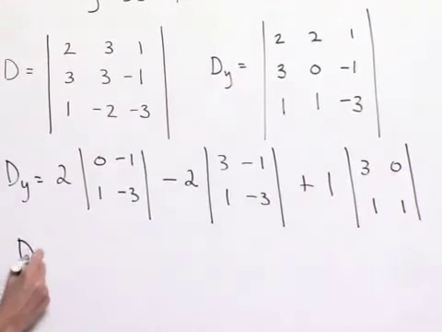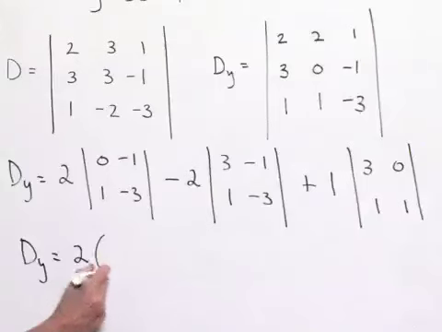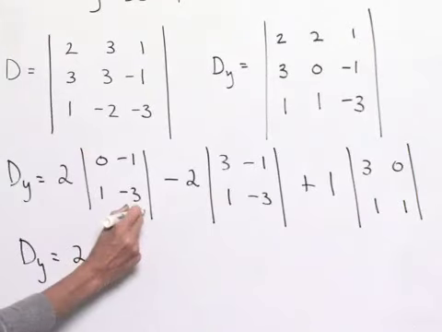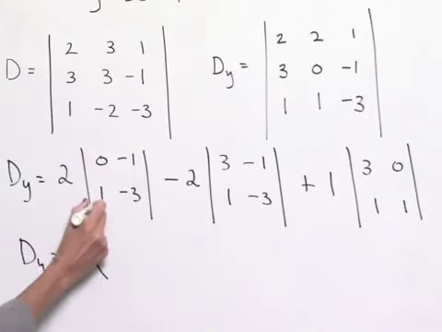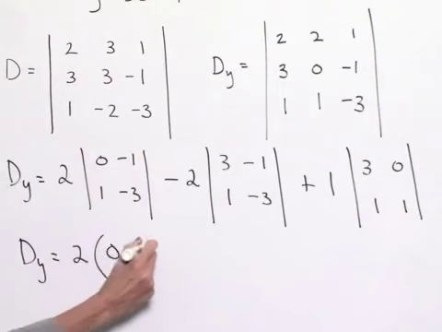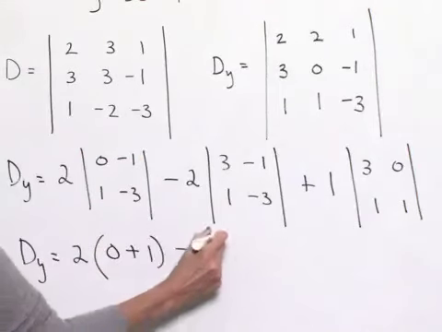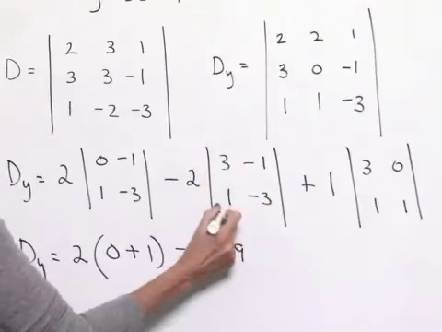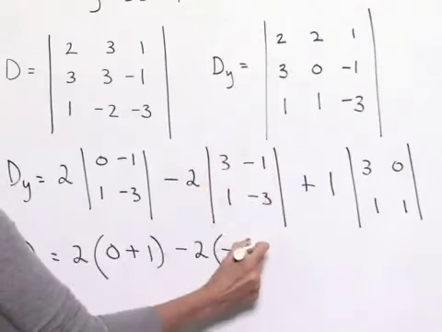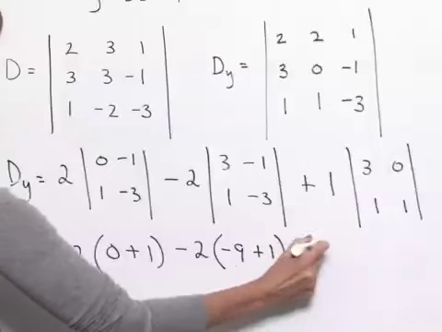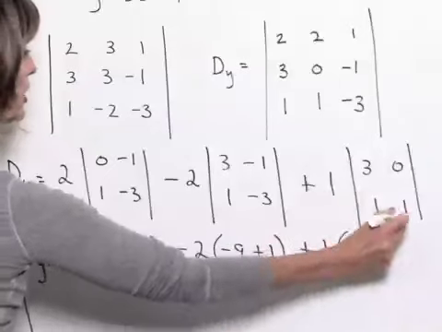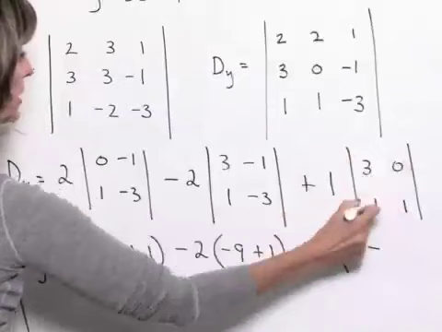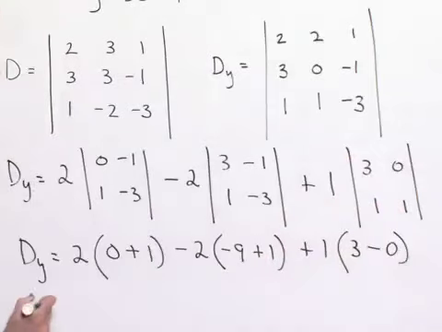Let's evaluate d sub y. This is going to be 2 times, we'll get the product here, which is 0 minus a negative 1. That's going to be 0 plus 1. Minus 2 times, we'll have 3 times negative 3, which is negative 9, minus a negative 1, which is going to be plus 1, plus 1 times 3 times 1, which is 3, minus the product, which is 0.